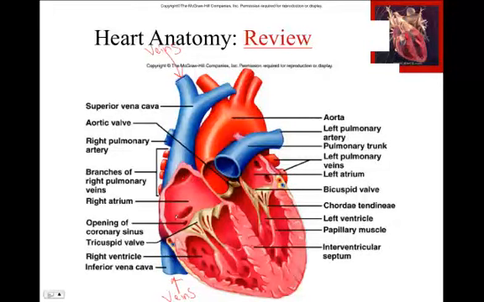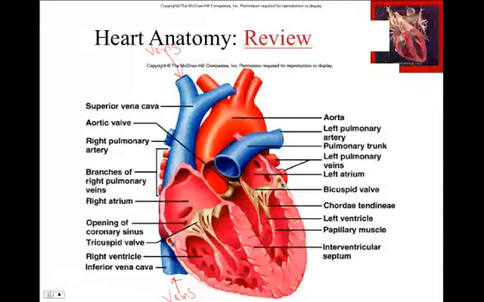The right atrium is your initial welcoming chamber for deoxygenated blood. So the right atrium will then contract and pump blood through what's called the tricuspid valve. I'll help you remember this in just a minute when I draw this out. They're going to pump blood through the tricuspid valve into the right ventricle.